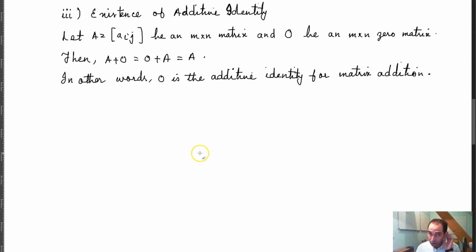And also the addition of matrices satisfies the existence of additive inverse. Number 4, the existence of additive inverse.